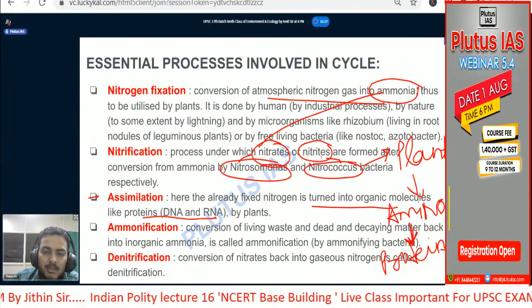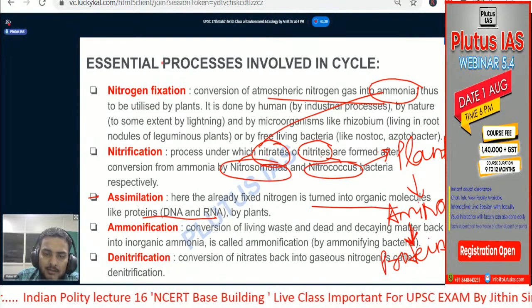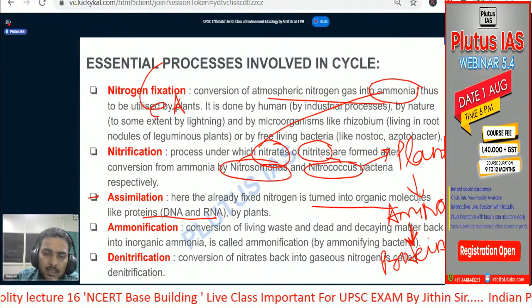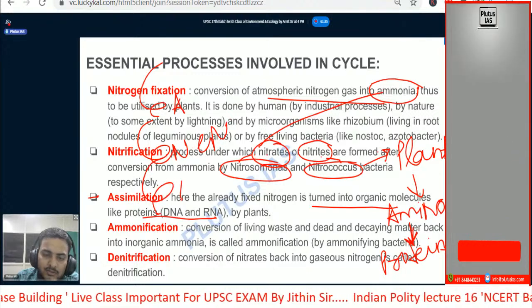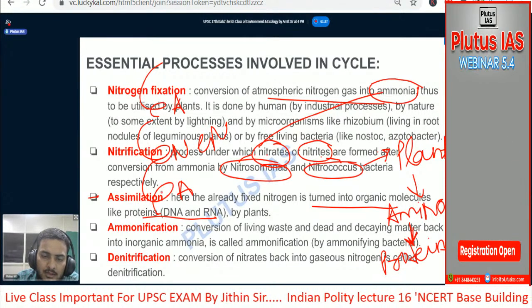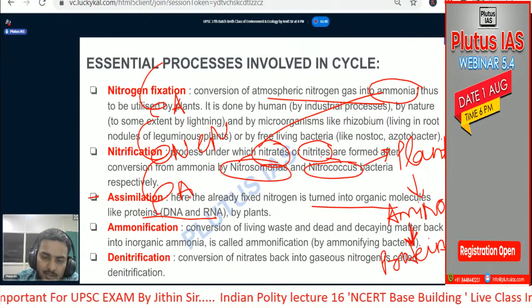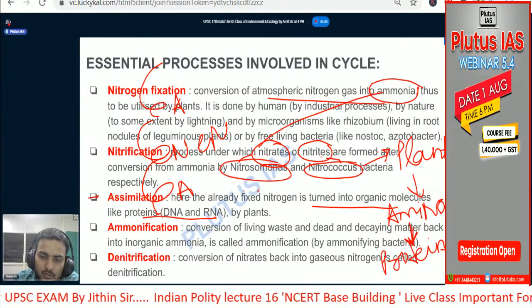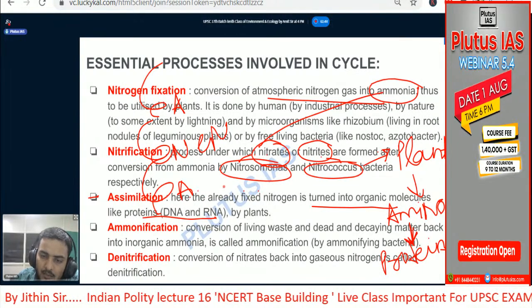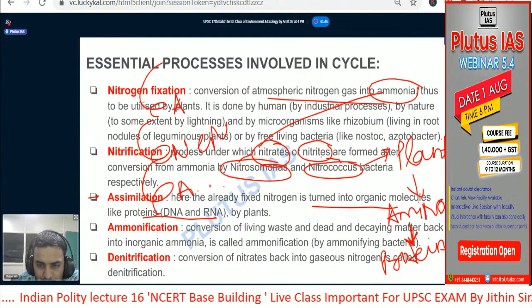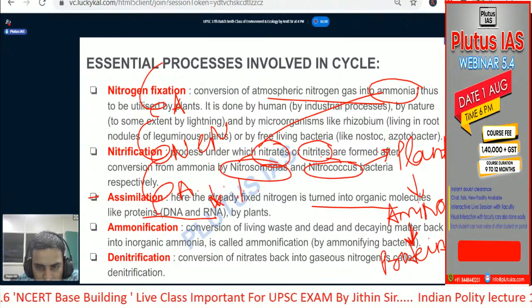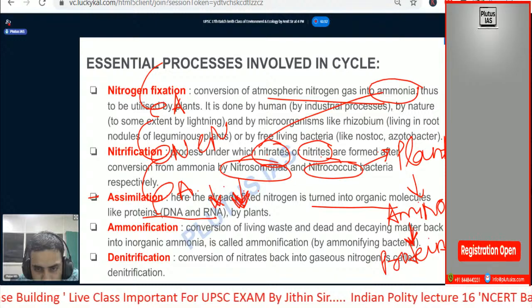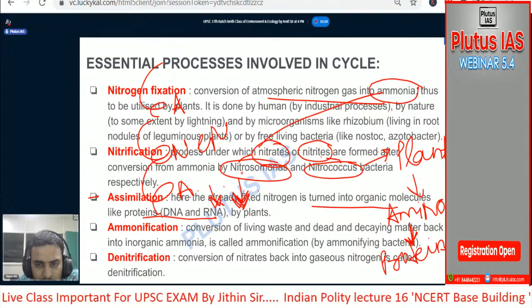So what happened till now? The first part is conversion into ammonia, then conversion into nitrates and nitrites, then assimilation of these converted products. After assimilation, it has moved to the food chain. So what will happen now? There will be generation of waste by plants and animals, and decomposition of the decayed matter.